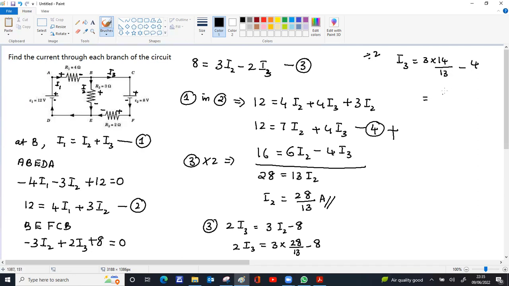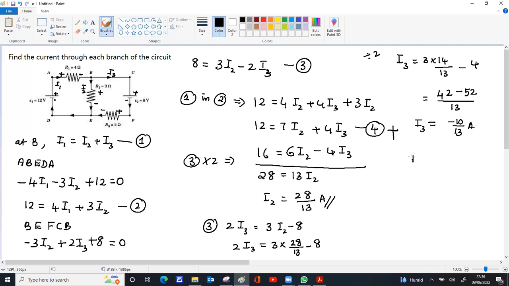Now it's equal to 3 into 14, 42, minus 4 into 13, 52, divided by 13. 42 minus 52 is minus 10, so I3 is minus 10 by 13 ampere.